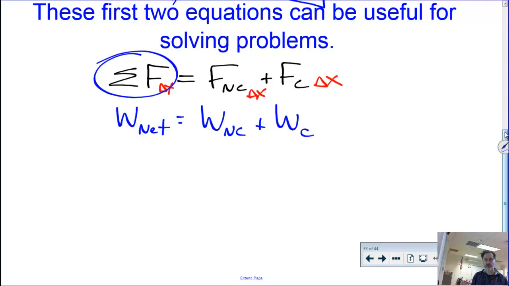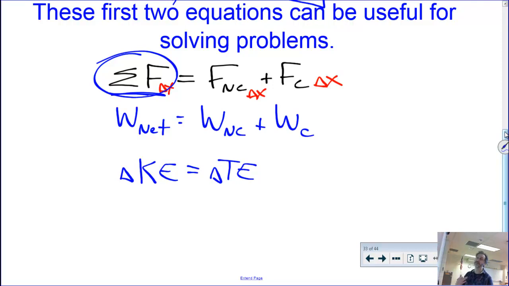Net force causes acceleration, which produces a change in velocity, right? And if your velocity is changing, that corresponds to a change in kinetic energy. So this work done by net force corresponds to a change in kinetic energy, right? Because that net force that's doing the work is going to change the velocity, which in turn changes the kinetic energy. The work done by non-conservative forces is our change in total energy, right?